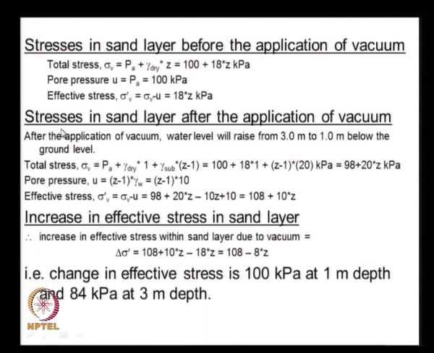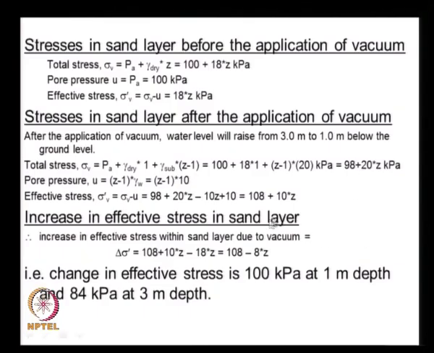Let us look at the stresses in the sand layer after the application of vacuum. After the vacuum application, the water level will rise from 3 meters to 1 meter below the ground level. So, now the total stress is PA plus gamma dry times 1 plus gamma submerged times Z minus 1, where Z is measured from the ground level and 1 meter is the depth up to which the water level rises.